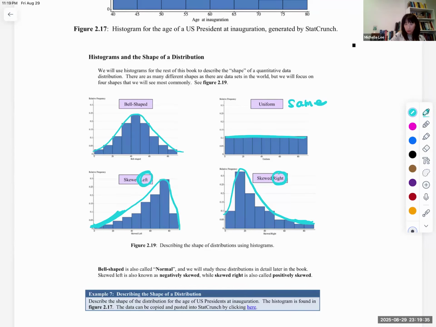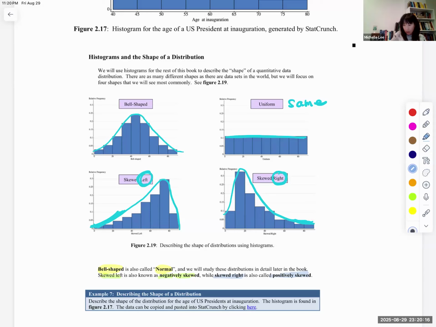Skewed left, skewed right. The bell shape is also called a normal shape, normal distribution later on. If we have skewed left, then it is negatively skewed. If we have skewed right, then it is positively skewed, right?